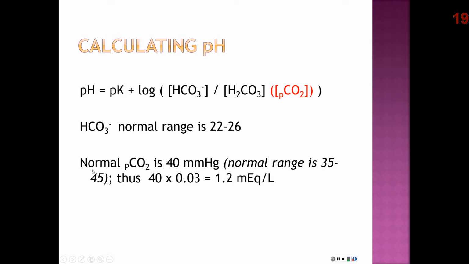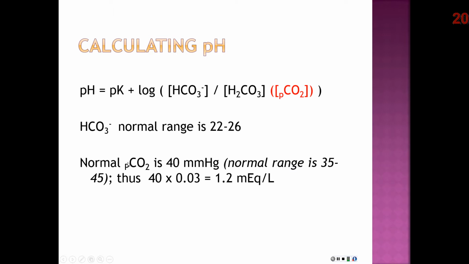The normal partial pressure of carbon dioxide is 40 millimeters of mercury, which is really a range of between 35 and 45. So 40 is right in the middle. Everything comes within a range of normal. No one's always precisely at 40, but that normal range is actually 35 to 45.